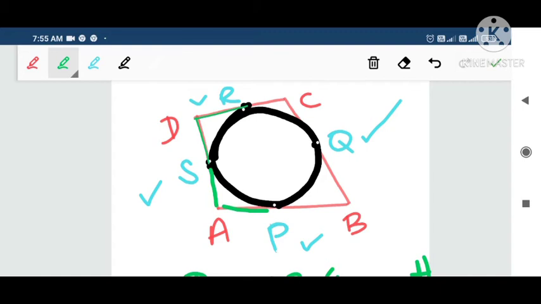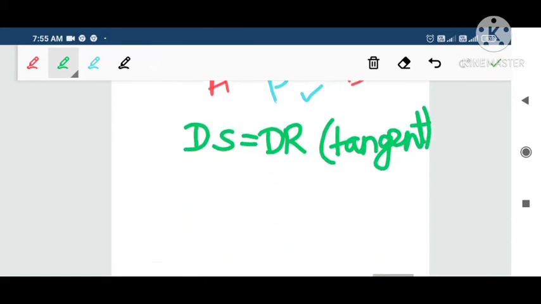These two are also tangents, and these two tangents are equal. So AS is equal to AP, because this is also a tangent.